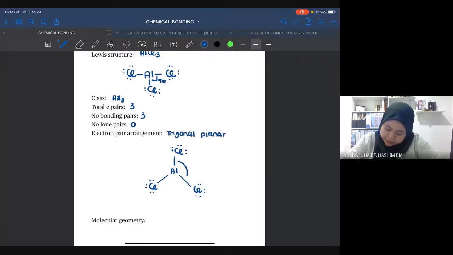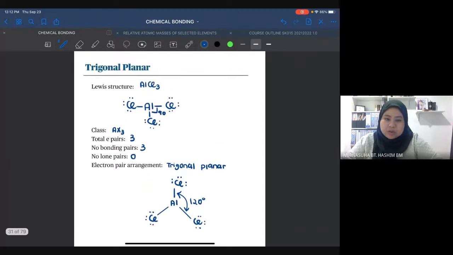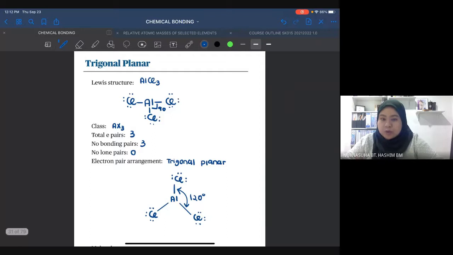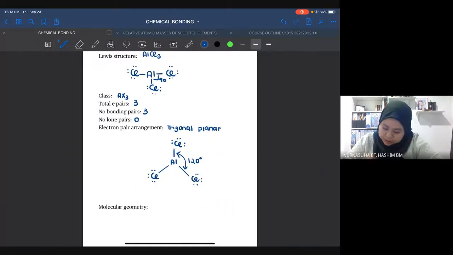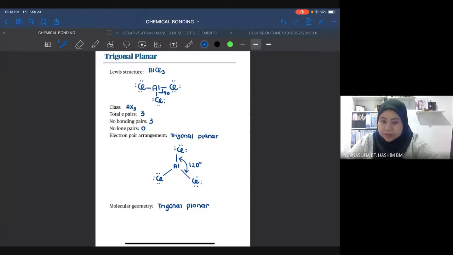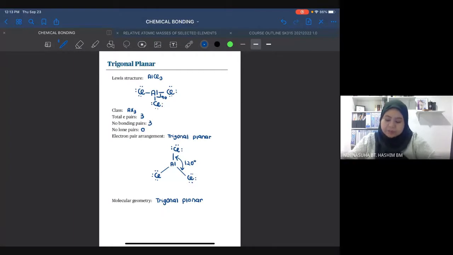And the bond angle is 120 degree. So cuba awak tengok perbezaan sudut tu. Okay, so kenapa kita dapat 120? Sebab this is the largest angle that it can get. Okay, so bentuk dia, molecular geometry dia adalah Trigonal Planar. Planar maksud dia rata.